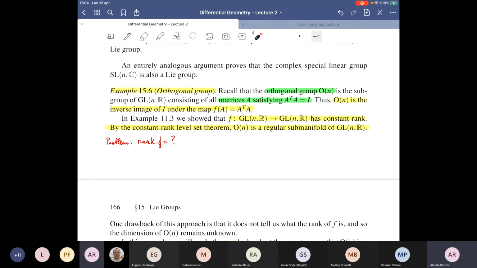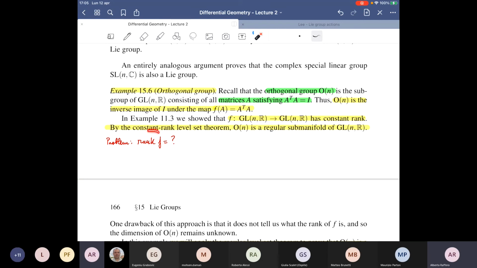The bad part of the constant rank level set theorem is that you can apply it to conclude that some subset is a regular submanifold, but it does not give you any information on the codimension, on the dimension of the regular submanifold.